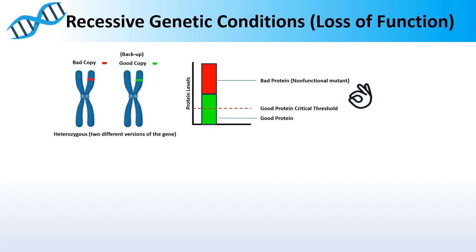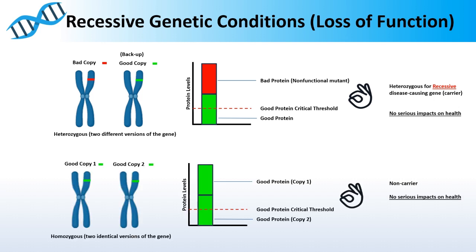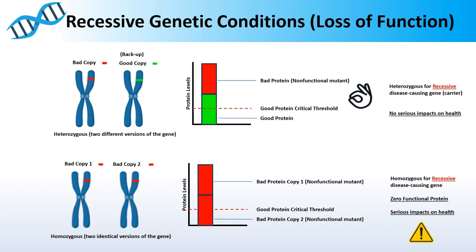In other words, having different versions of the gene, one good and one bad in this case, as opposed to being homozygous, which is having 2 good copies. In which case you have even more functional protein, and you are essentially a non-carrier of the disease causing gene. But you can also have the opposite, of course.